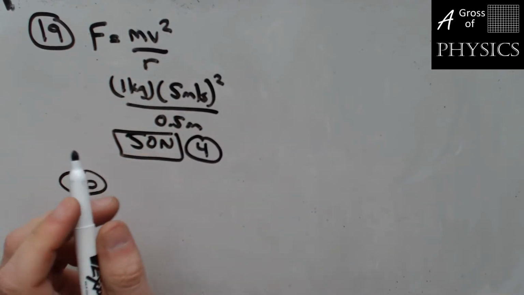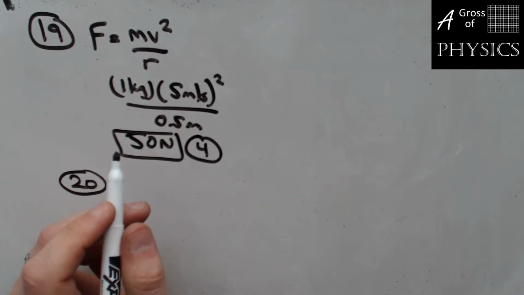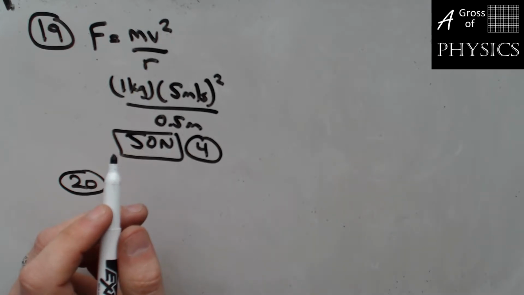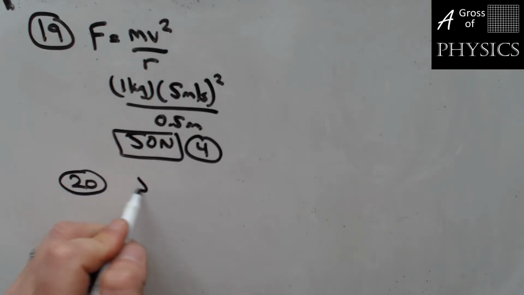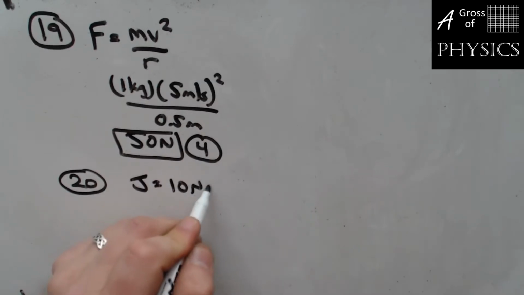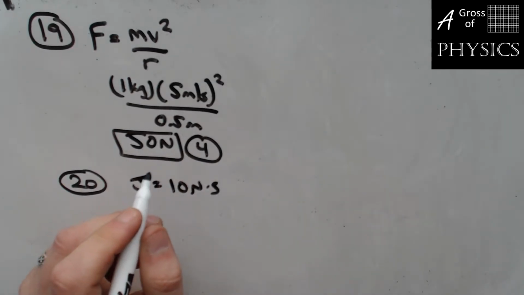All right, number 20. We have an object with a momentum strikes an obstacle. The obstacle exerts an impulse of 10 to the west. So, impulse, J is 10 newton seconds. Momentum of 30 kilogram meter per second.